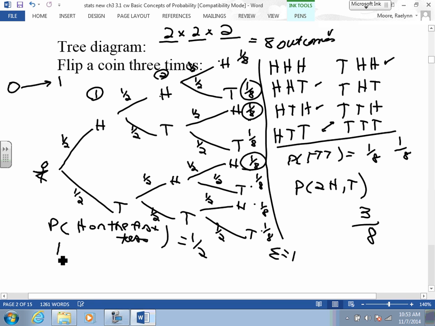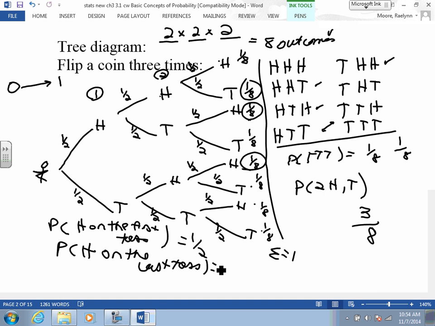What is the probability that I will get a heads on the last toss? Still 1/2. Because what is the probability of getting a heads or tails? 1/2. Still 1/2.